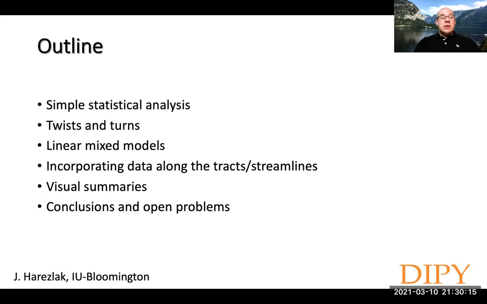Then I'll go on with the linear mixed models, which are the primary tools that we're using in our work. And then I will talk about incorporating the data that lie along the tracts and the streamlines in the white matter. So I'll present some visual summaries, some testing, and I'll finish with conclusions and some open problems.